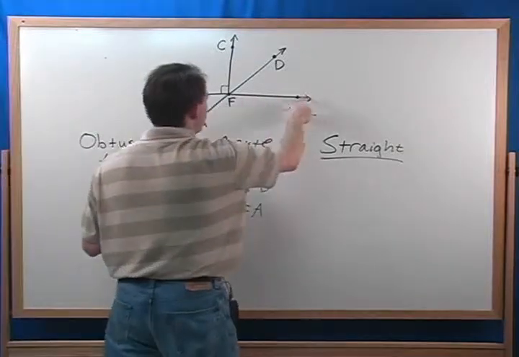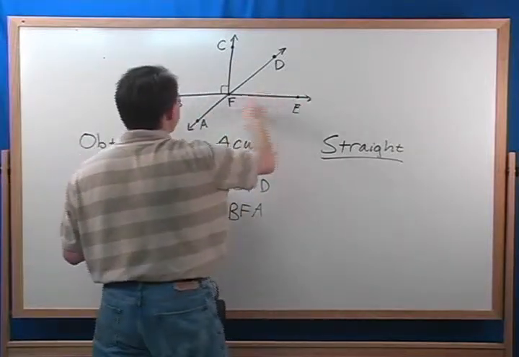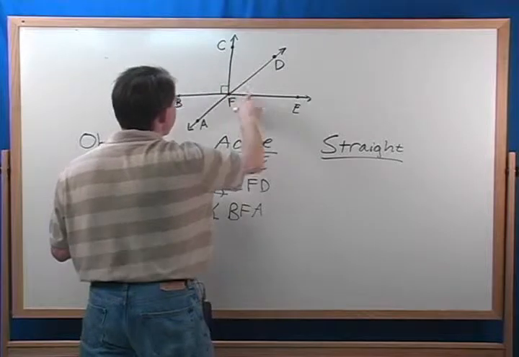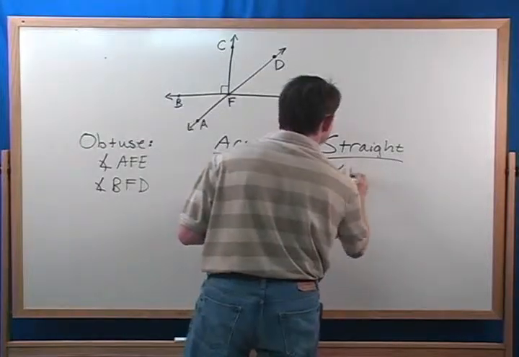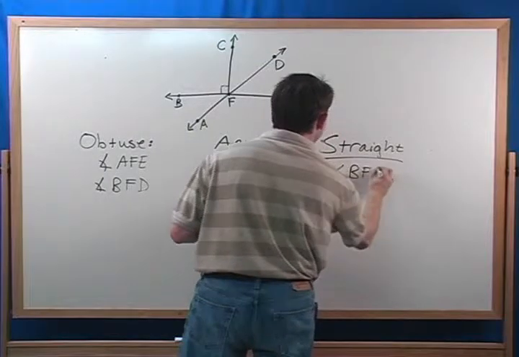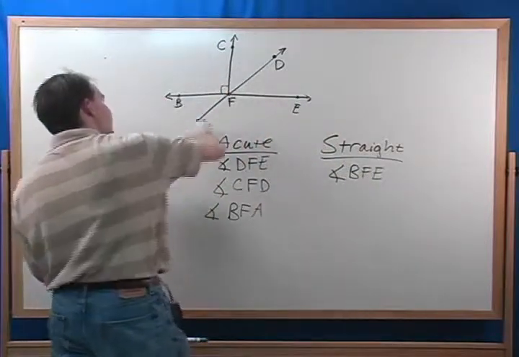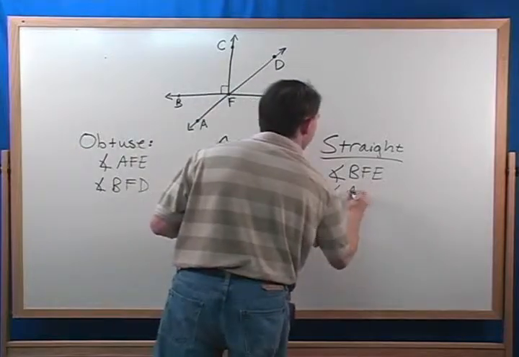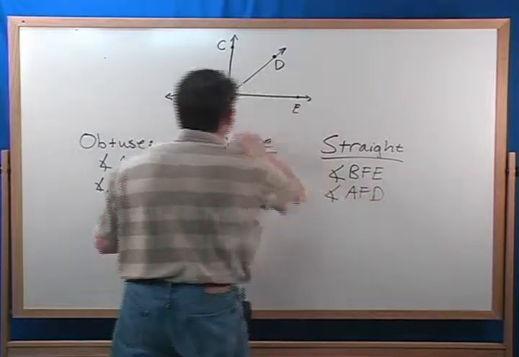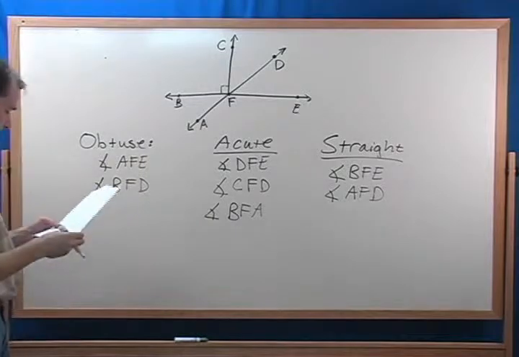Well, this is all on the same line, right? So this angle is 90 degrees, so this one goes over like this. So you have BFE. That's a straight angle. And you have another line right here, AFD. This is a straight angle, okay?